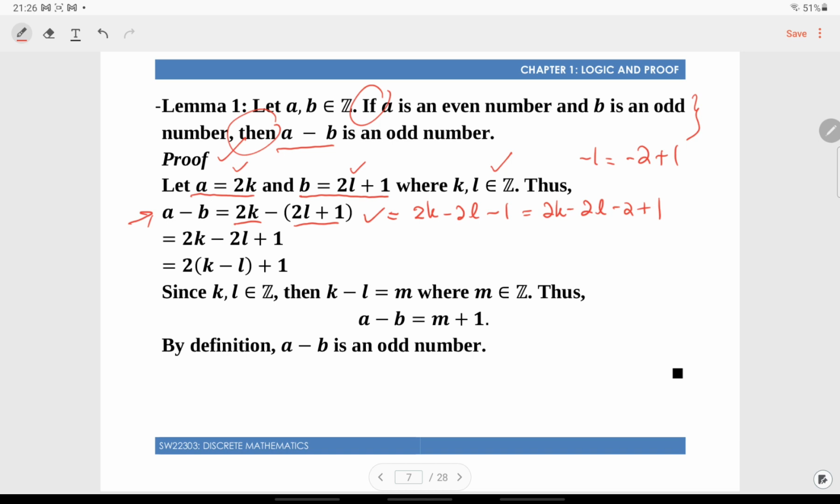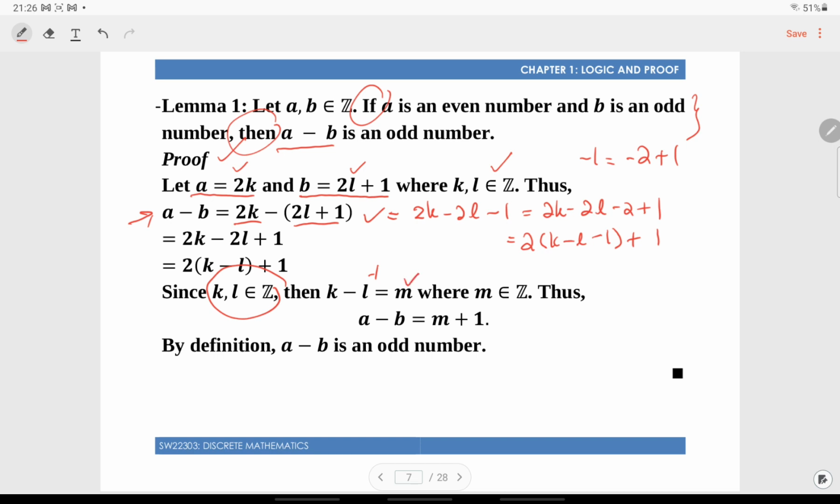So we enclose this value: 2 times (k minus l minus 1) plus 1. Next, because k and l are integers, k minus l minus 1 again is an integer.